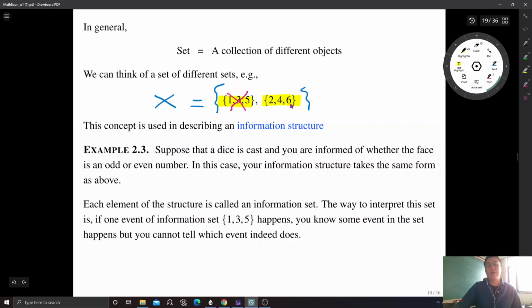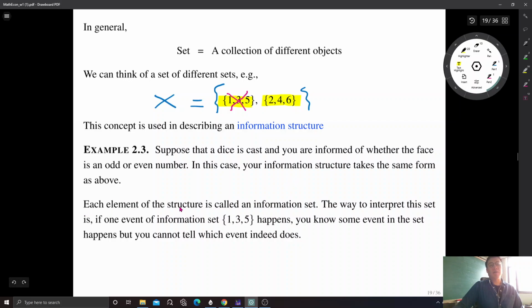You don't know whether the face value is 2 or 4 or 6, but one of 2, 4, 6 does appear on the upper surface. That is an information structure, right?